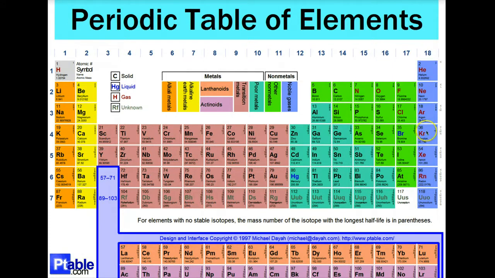These are called the noble gases, and the reason is nobility: when you think about kings and queens, they really don't mix with the commoners. So all of these elements in this last group do not bond with any of the other elements on the periodic table.